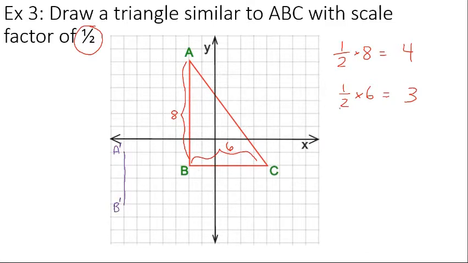And then B to C needed to be 3. So 1, 2, 3. So this is now C prime. And I connect it. And there's my triangle. So that means that this side is 4. This side is 3. So when you go from here to there, it's half.